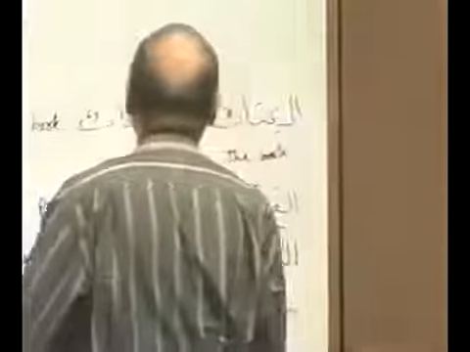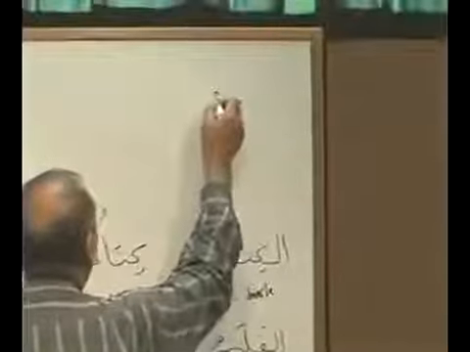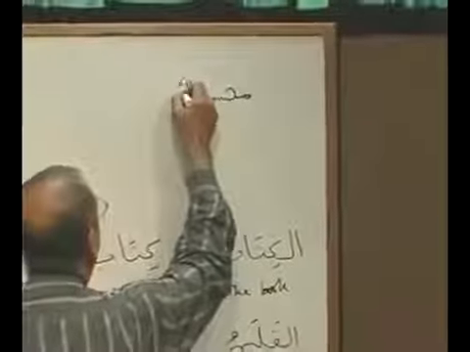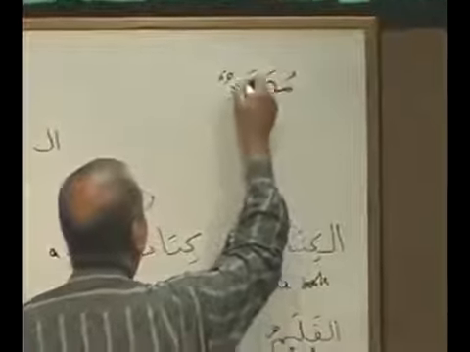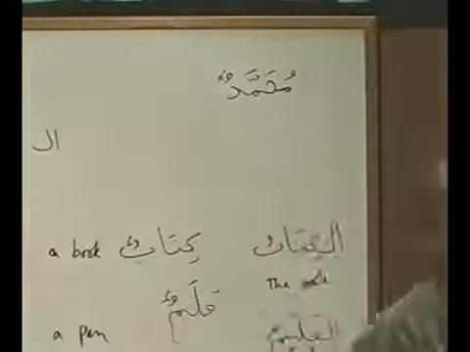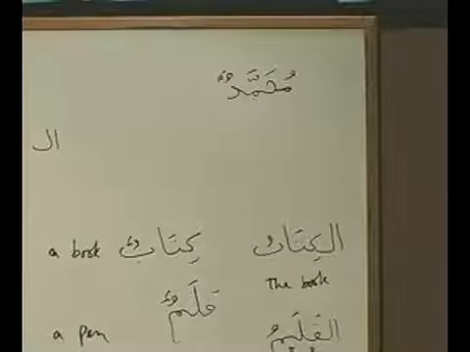I said baytun, it is indefinite. How about if I write Muhammadun? There is a tanween there which always tells me that the noun is indefinite. But what about Muhammadun? Is it definite or indefinite?